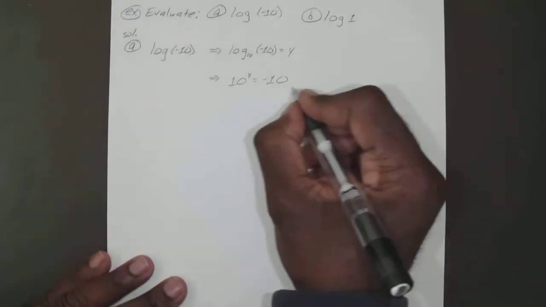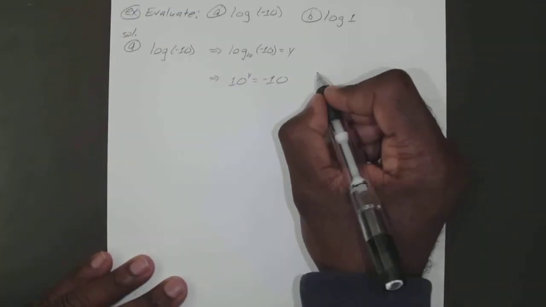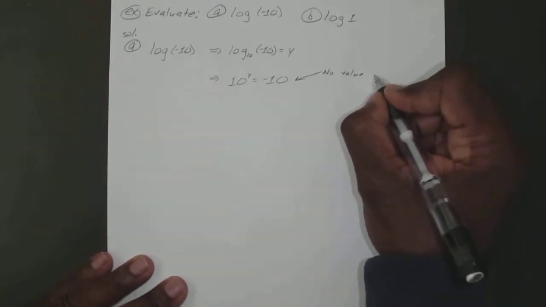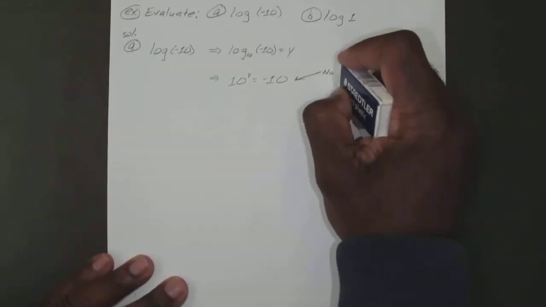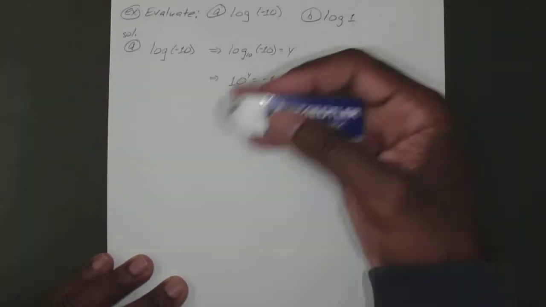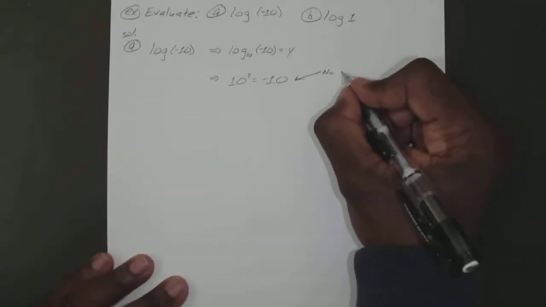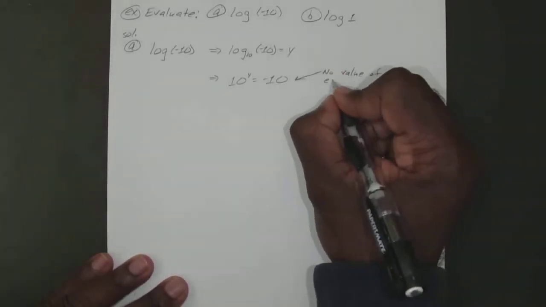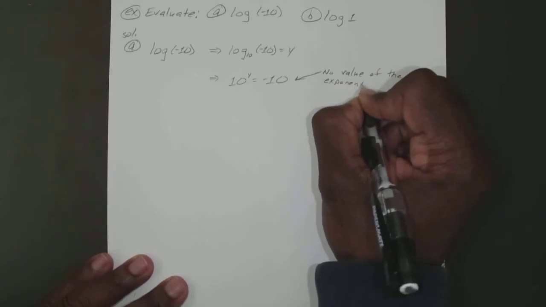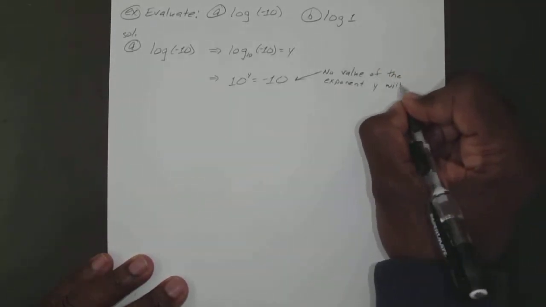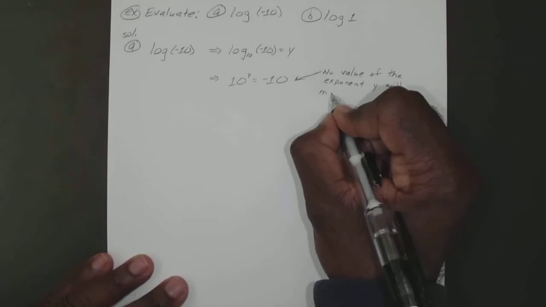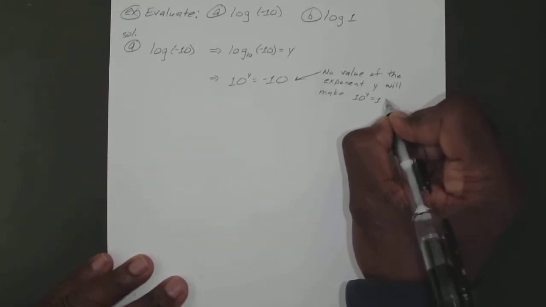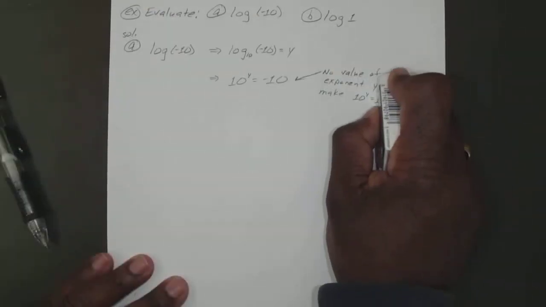Okay, so no value of the exponent y will make 10 to the y equal negative 10.